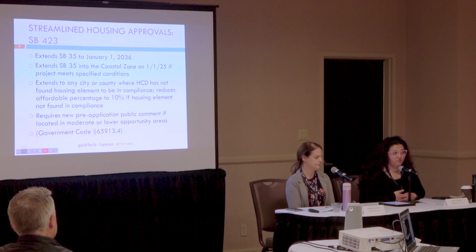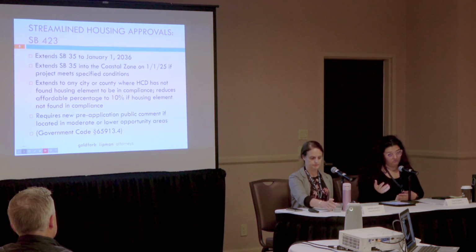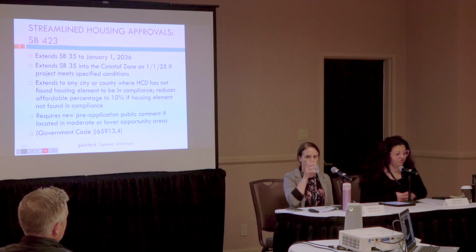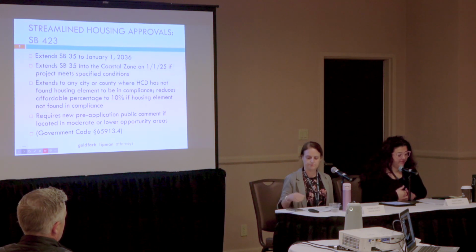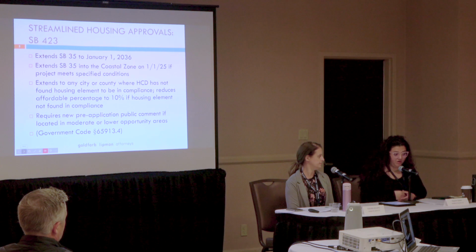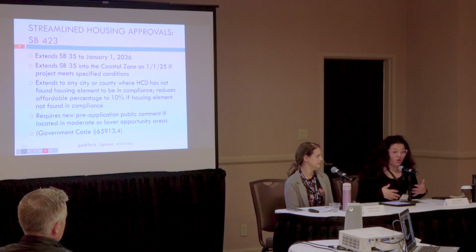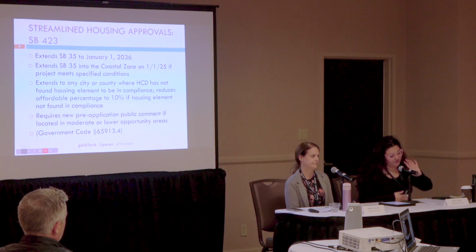And SB 35 was a bill that was originally passed in 2017 that said that if you're a city or a county that has failed to meet those numbers mandated by the state, you haven't approved or developed enough units, then if a qualifying project is proposed, you must streamline that project, and it can't be subject to certain requirements that you otherwise would impose.